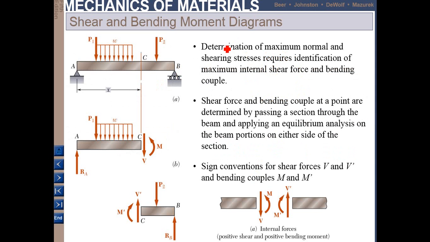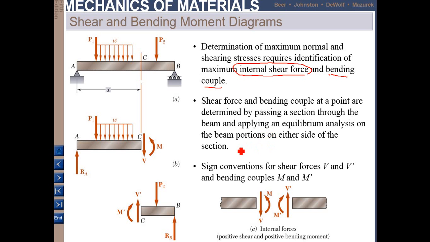Okay, determination of maximum normal and shearing stress requires identification of maximum internal shear force and bending couple. As I said before, you have to determine the internal shear force and also the internal bending couple. Shear force and bending couple at a point are determined by passing a section through the beam and applying an equilibrium analysis on the beam portions on either side of the section.